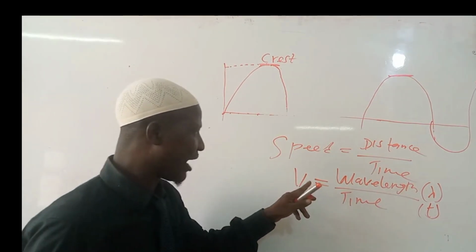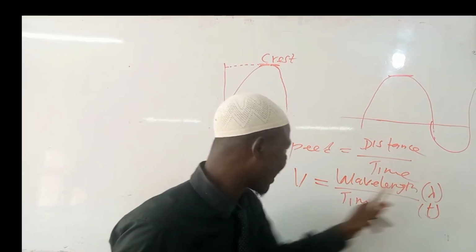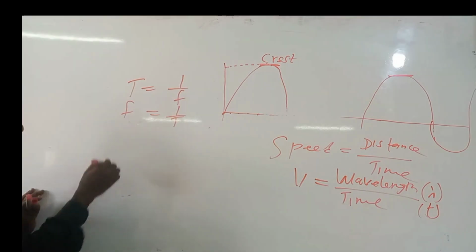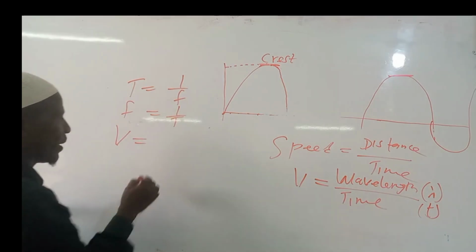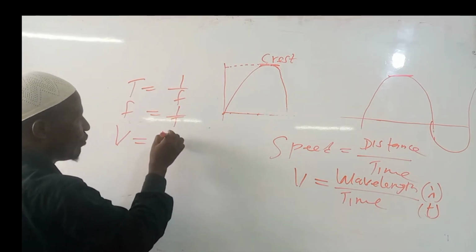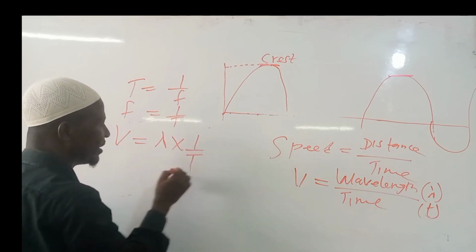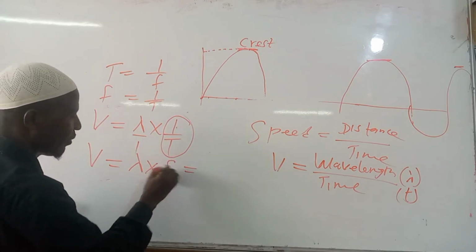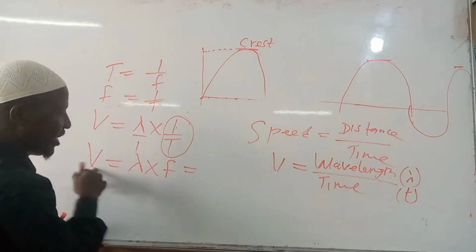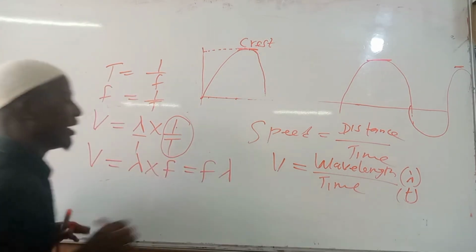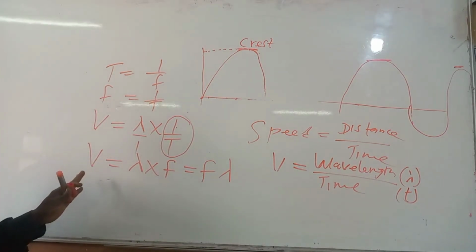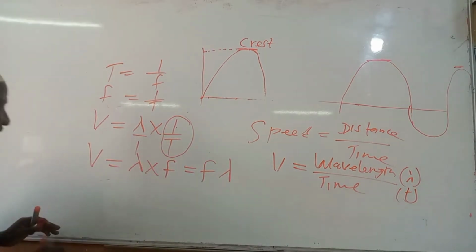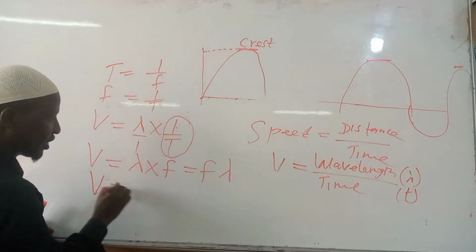So take note, speed is equal to lambda over T. We can write this as V equals lambda multiplied by 1 over T. We can replace 1 over T with f. Therefore V equals f lambda. This is the relationship between speed, frequency, lambda, and period.